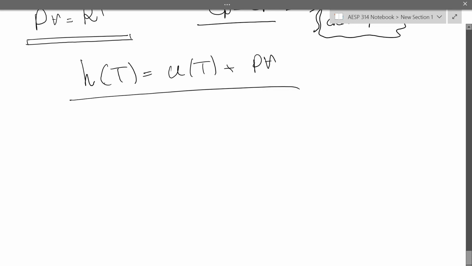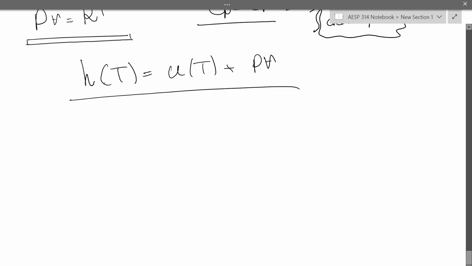What can we do? Let's go back to the definitions we have. Enthalpy can be defined as internal energy plus PV.